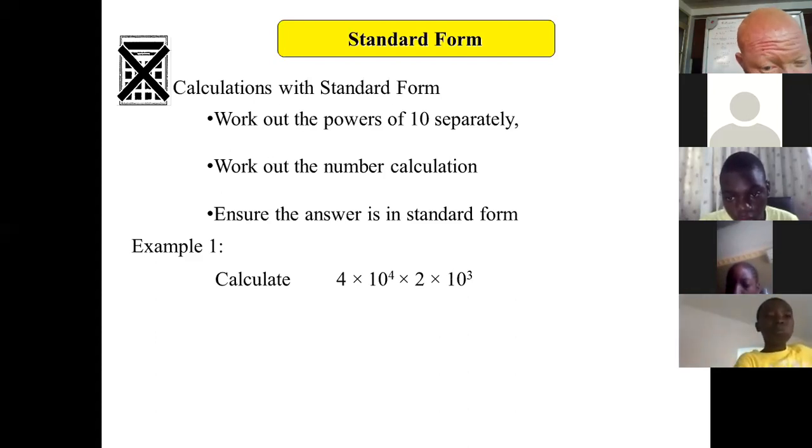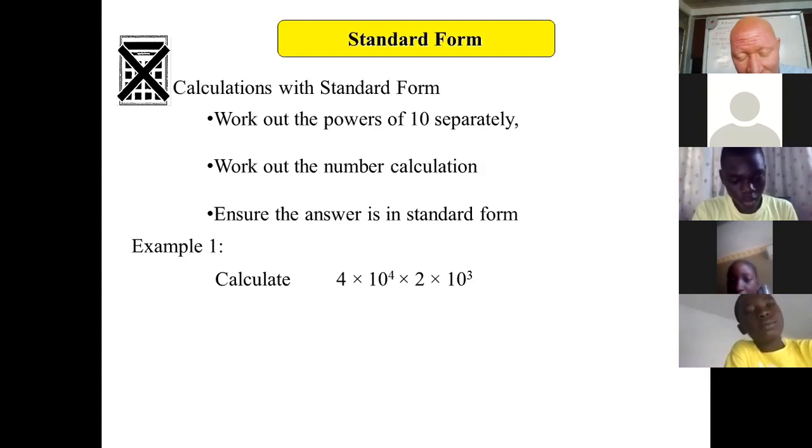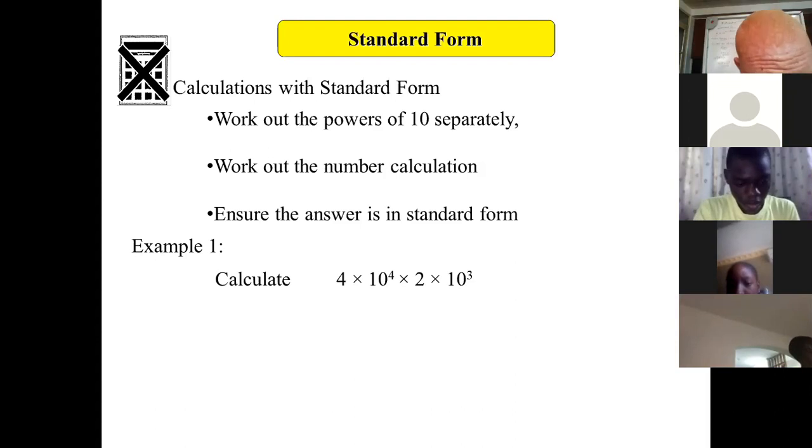Now, what we are going to do is work out the powers of 10 separately, using our knowledge of indices. 10 raised to power 4 multiplied by 10 raised to power 3, the answer should give you 10 raised to power 7 because you add the powers when it is multiplication. That is the rule of indices, and it applies to any number raised to any power.